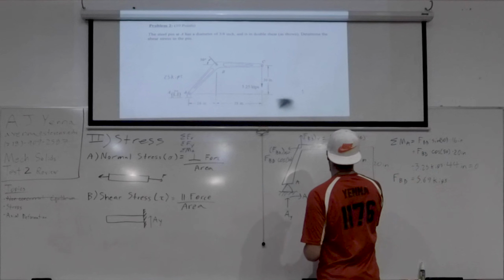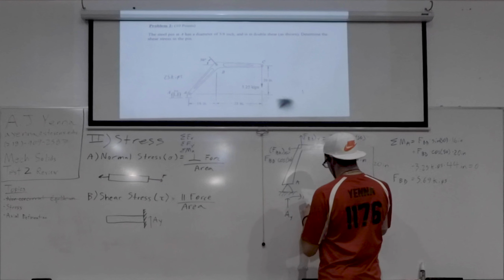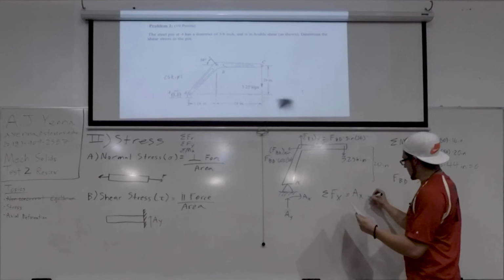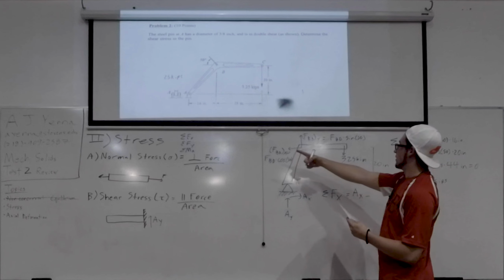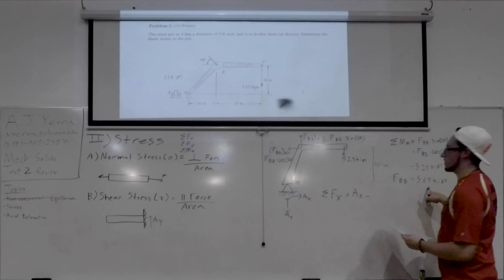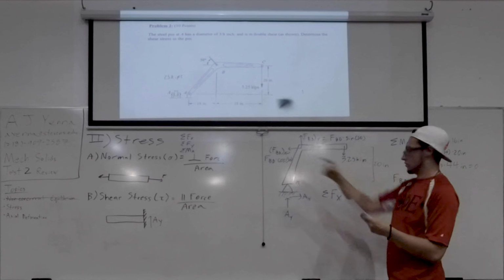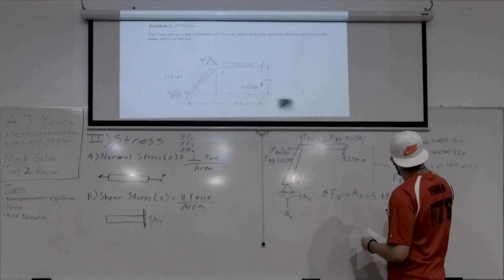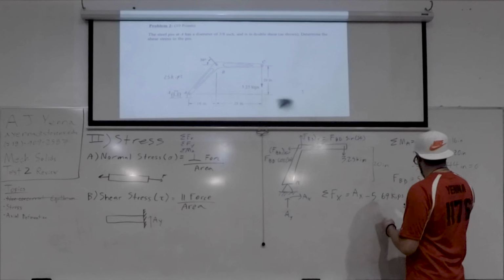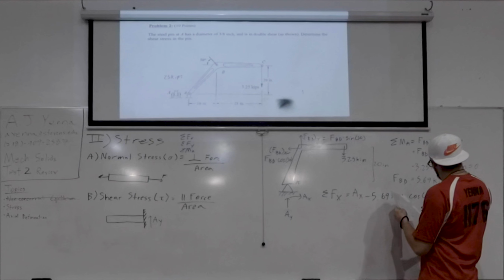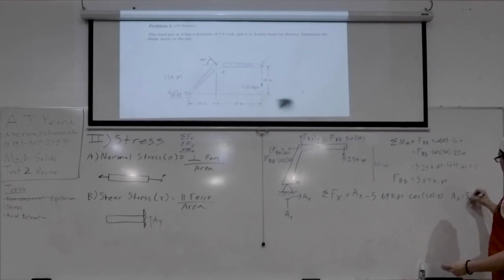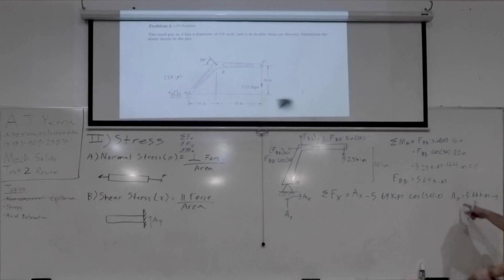The other two equations are summation of force in the X, which is positive AX, because I assumed it to the right, minus FBDX, which is 5.69 times cosine 50. And AX becomes 3.66 kips to the right.